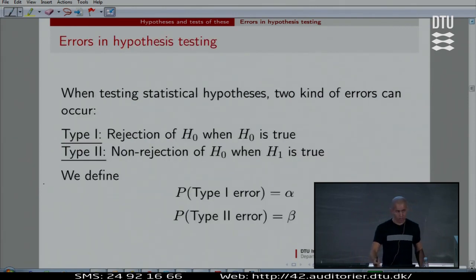Now, stepping one slide back. When we make decisions like this, there are two possible decisions and two possible errors we can make. The intelligent part of this whole business is that we are going to control the level or the risk of making errors, right?